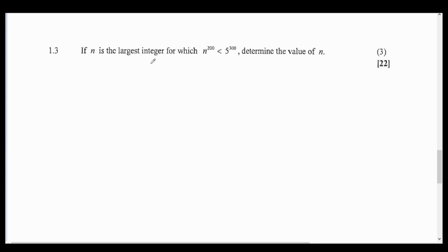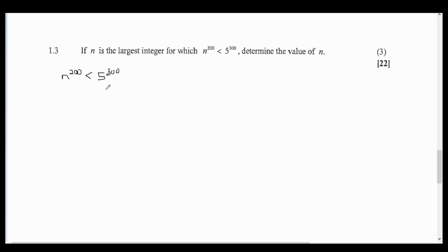determine the value of n. Let's start with the easiest and simplest method, which looks so nice and clean, because you need to know how to use exponents. I think this is what they're asking. So n to the power of 200 is less than 5 to the power of 300.